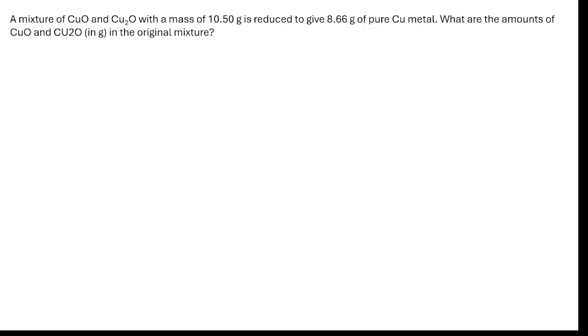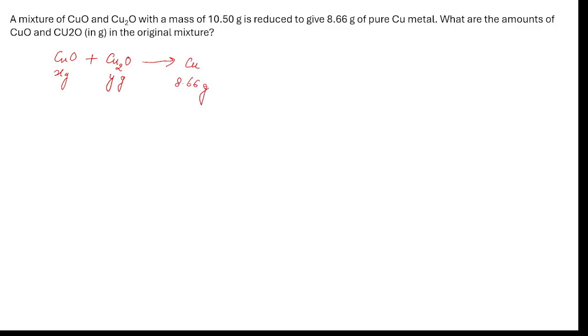So what they have told you is that in the initial state they have taken some X amount of this cupric oxide and Y gram of this cuprous oxide, and it is giving you copper, which is 8.66 gram.